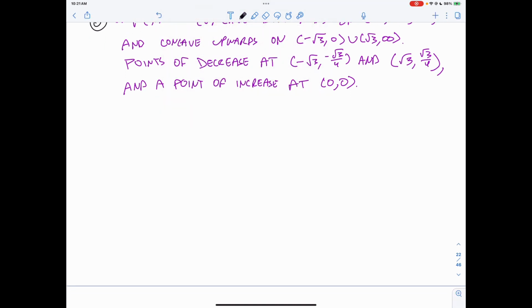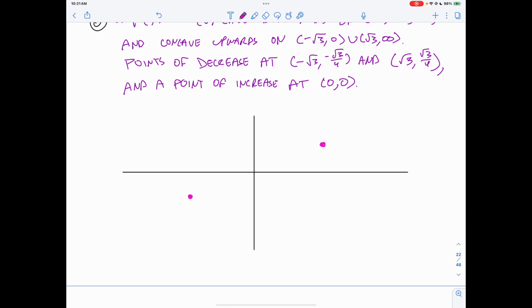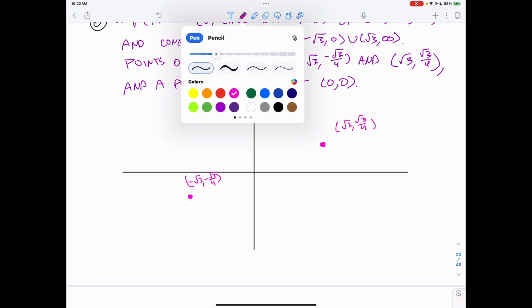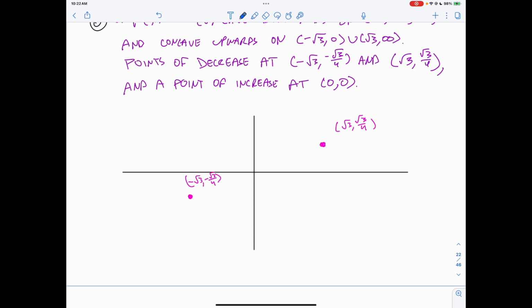Based on what this looks like, based on the information that we have here, I'm going to have a graph where I'm going to have a point of decrease here and here, meaning it's going to switch from concave downwards to concave upwards, or right here, when I have a negative slope.